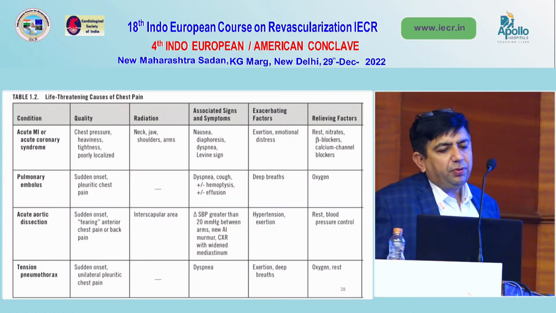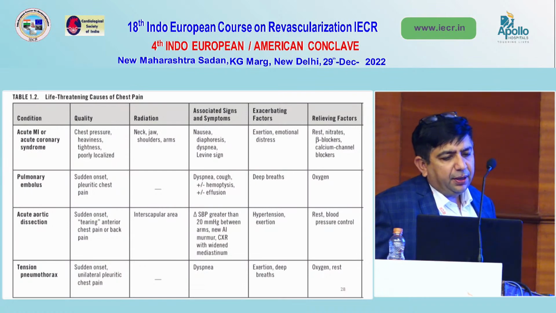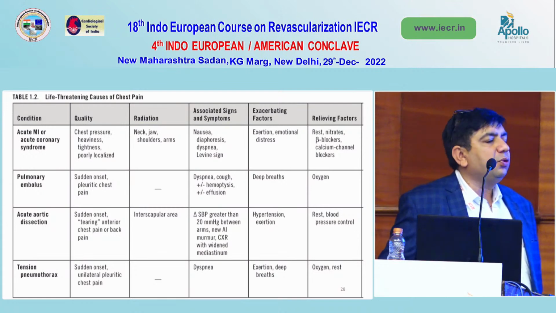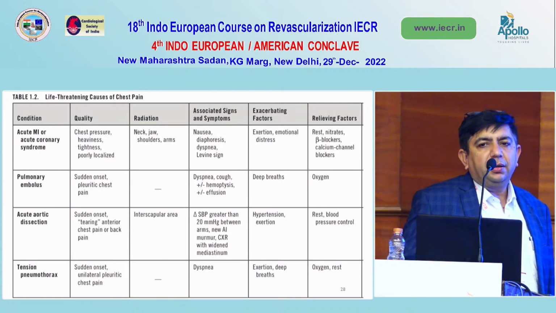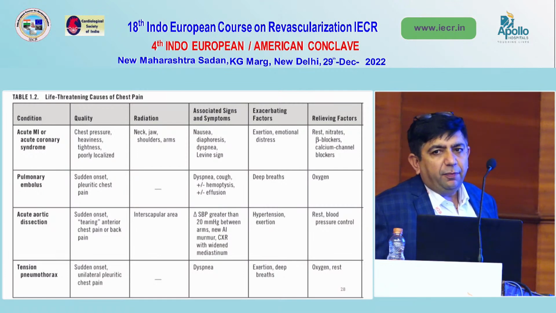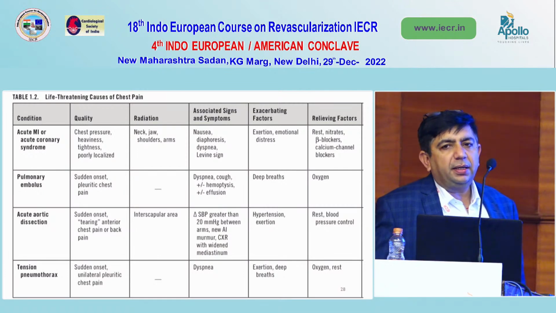These are some of the life-threatening causes of chest pain: acute MI or acute coronary syndrome, pulmonary embolism, acute aortic dissection, and tension pneumothorax. There are so many causes of chest pain, from benign to life-threatening, but we have to be more careful about life-threatening chest pain.